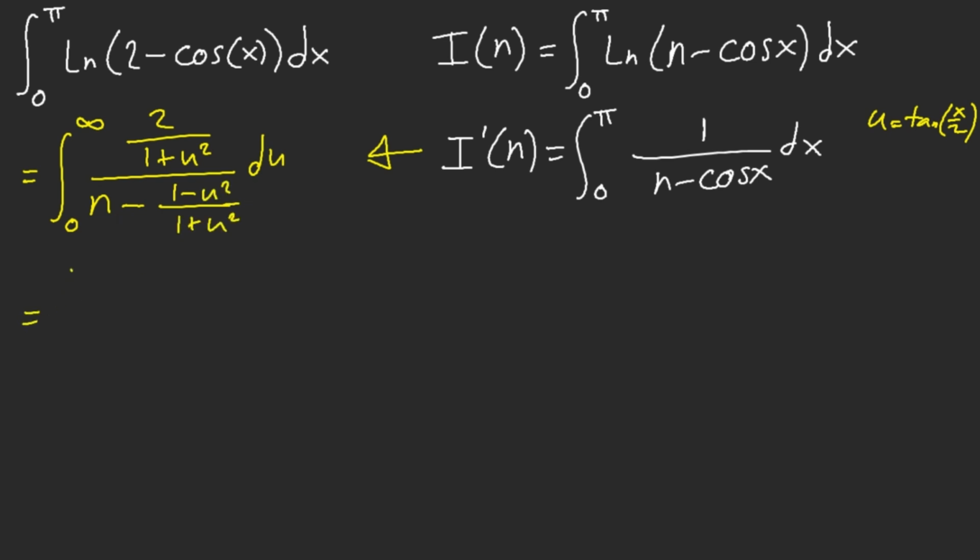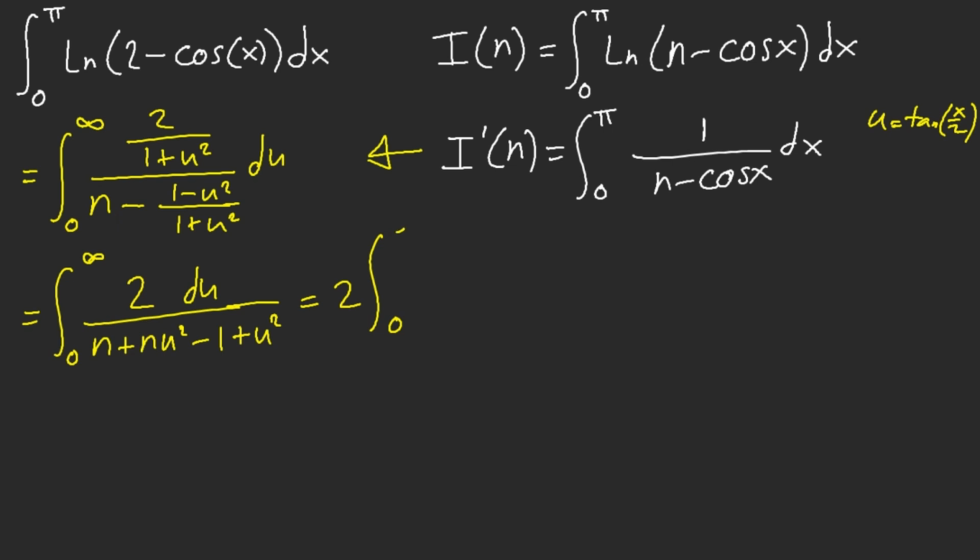Okay, so now we simplify this, we get 2 du over n plus n u squared minus 1 plus u squared. Okay, and now if we simplify this a lot nicer, we have u squared times 1 plus n, and then plus n minus 1.